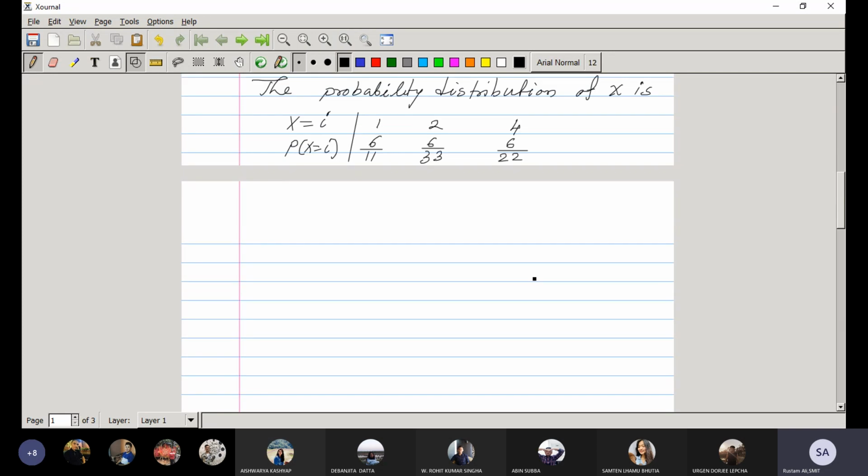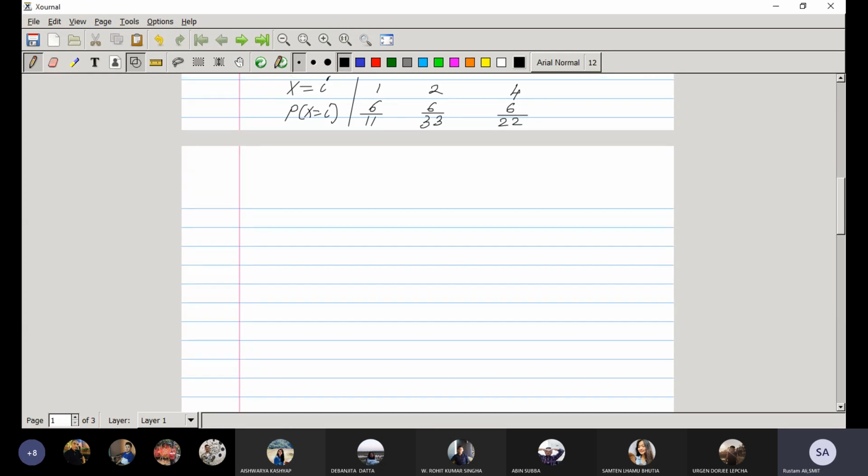Now let us try to write the cumulative distribution function. So what will be the cumulative distribution function? What will be the CDF here?